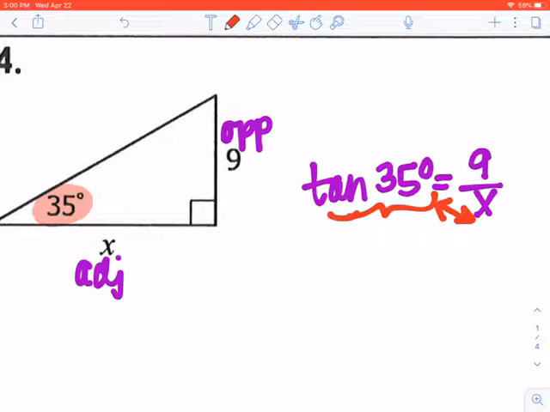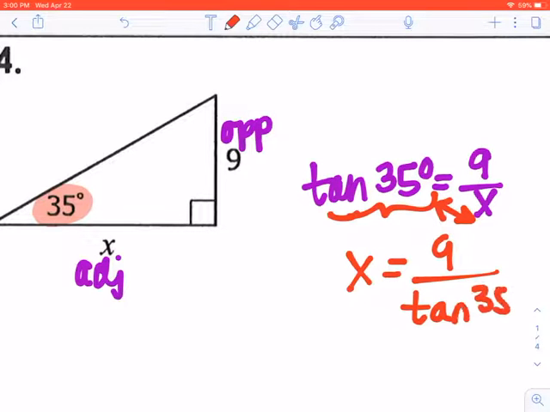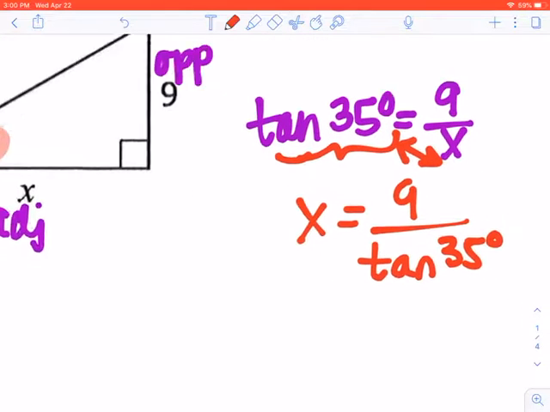So instead of tan 35, I have x, and that'll equal 9 divided by tan 35 degrees. You just flip those two, and that's going to be the quickest and shortest way to solve this. Instead of going through all of the steps, we're just going to do that one step.